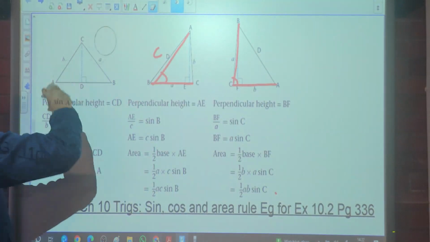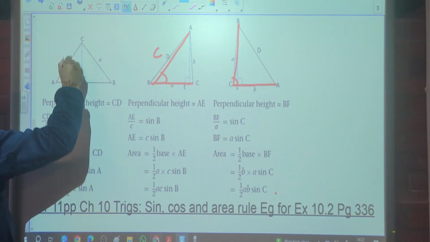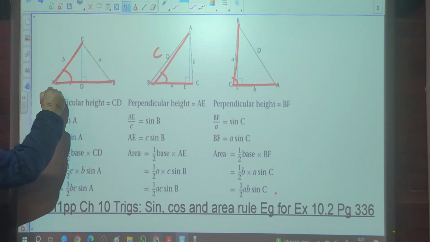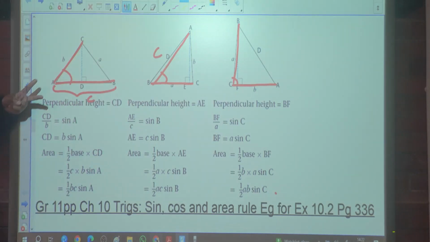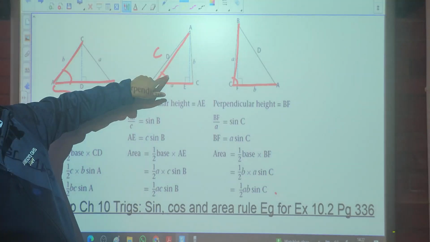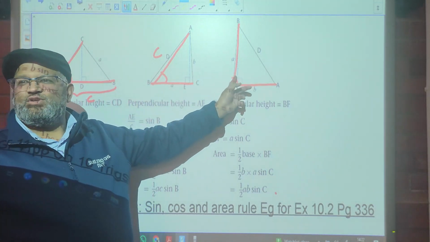What is obvious here? We have two lengths and an included angle. Look here, two lengths and an included angle. Again, two lengths and an included angle.